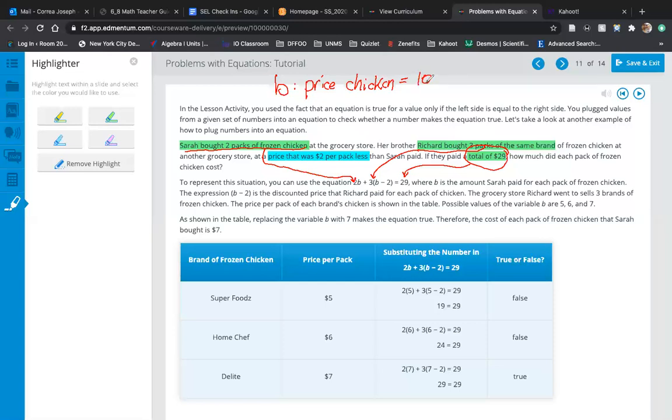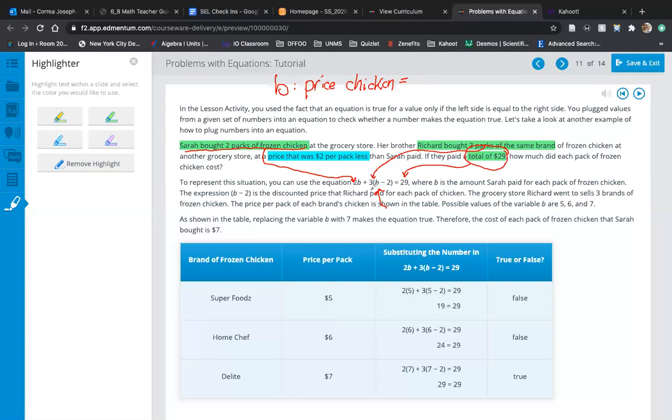If the chicken costs $10, that means that what her brother spent would end up being $8. So whatever price she spent on the chicken, you subtract $2 to figure out how much money her brother spent, right? So that's why we have this B minus 2 here. This B minus 2 represents the cost of the chicken after we take off those $2, all right?